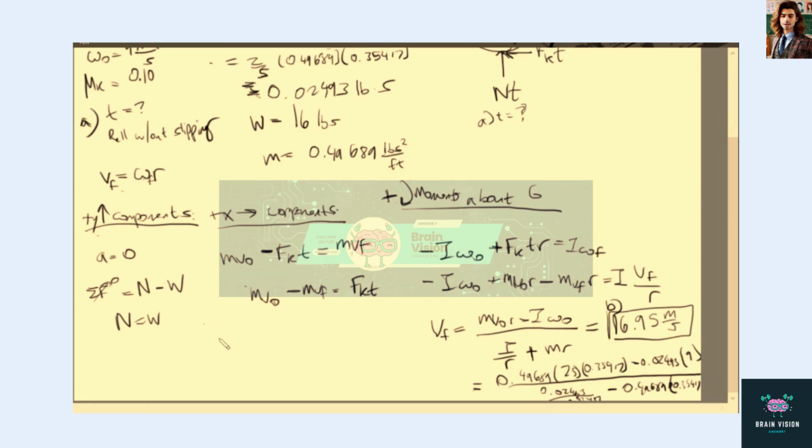We have M times V naught minus Vf over the following times, so this will give us a T of 2.5 seconds if we plug everything in.